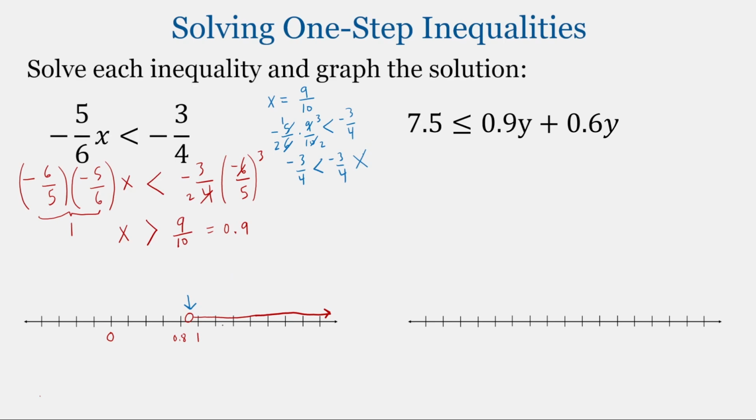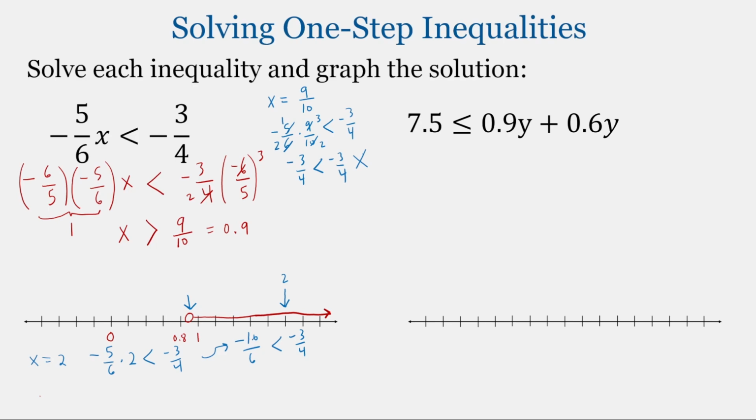Let's check another point. In this case, let's check 2. So at x equal to 2, we have negative 5/6 times 2 less than negative 3/4. This is going to give us negative 10 all over 6 less than or equal to negative 3/4.